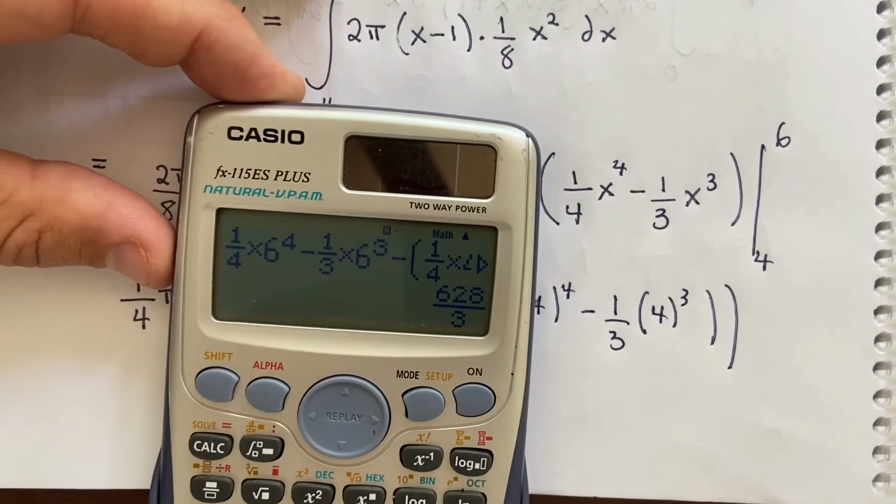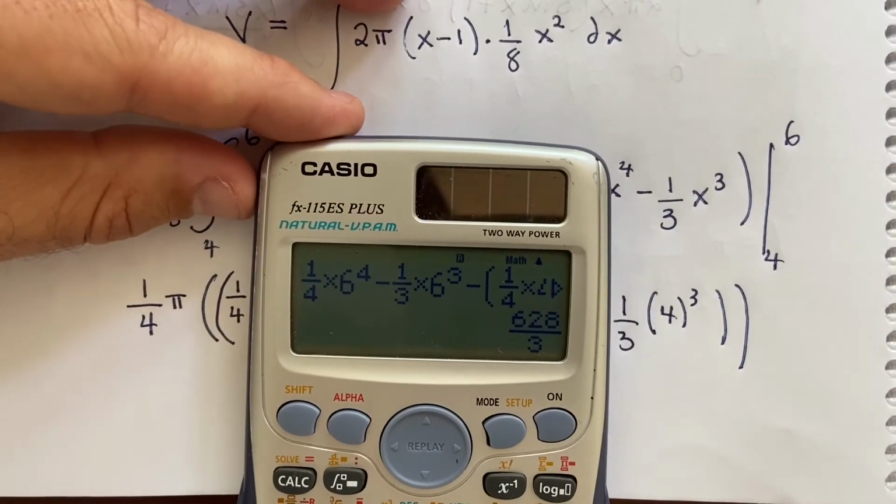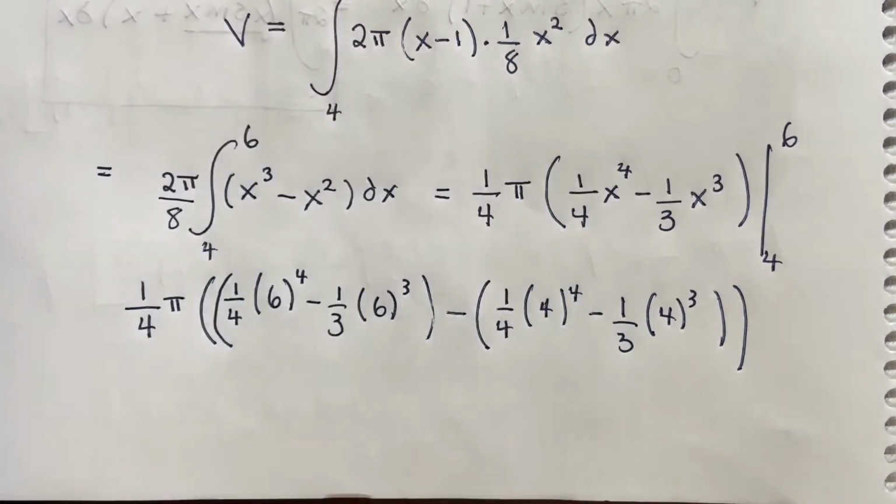Okay, just that inner number is 628 thirds.